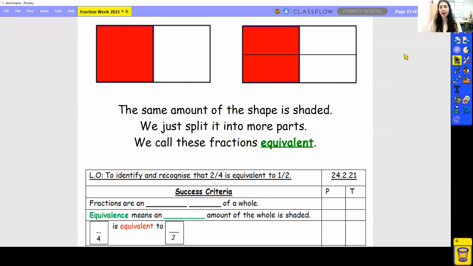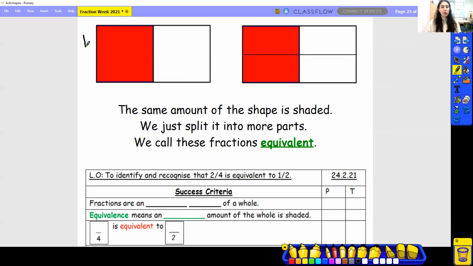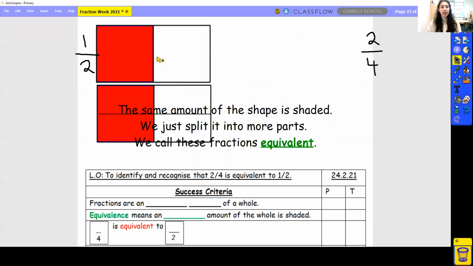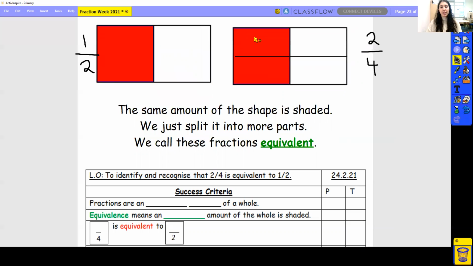So even though these are different fractions, they look different when you see them written as a fraction. 1/2, remember we wrote with 1 as the numerator and 2 as the denominator, and this one would be 2/4. So even though these fractions look different when I look at them as a written fraction, when you actually see them as a visual representation shaded in a shape, you can see that really they are the same amount of that whole that has been shaded.